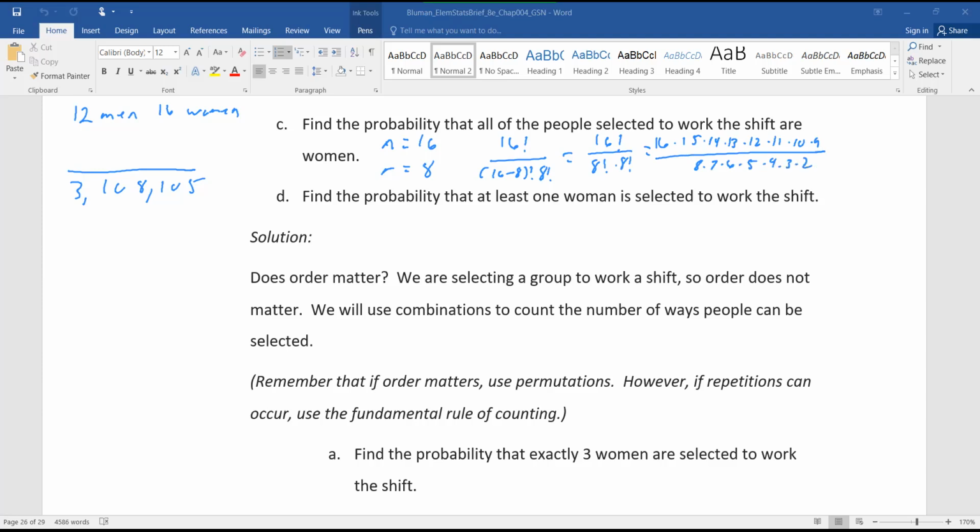Anything I can cancel? 2 and 8 make 16. Anything else? 3 and 5 make 15. Anything else? Six goes into 12 2 times, so that's another 2. And then those both make a 4, right?